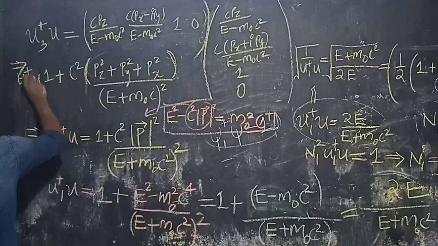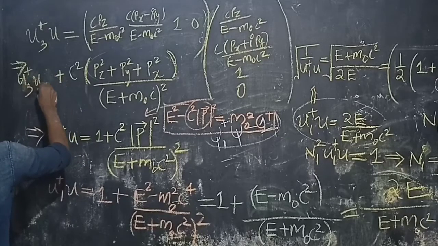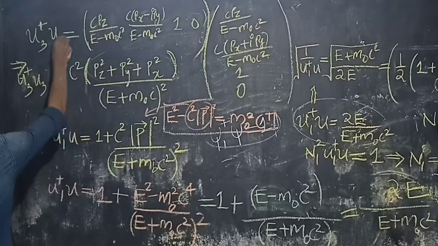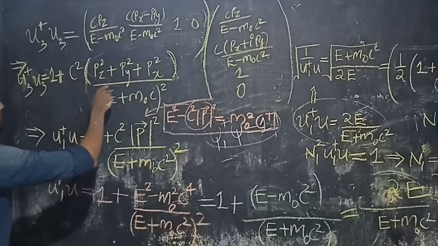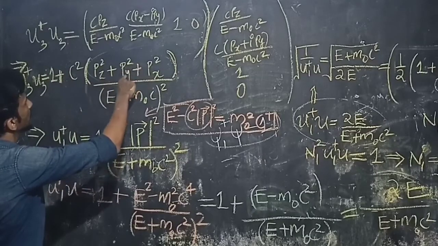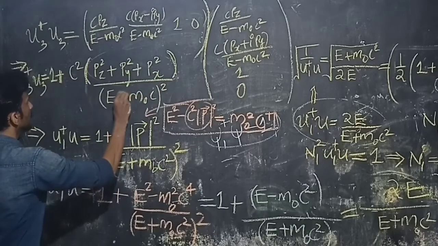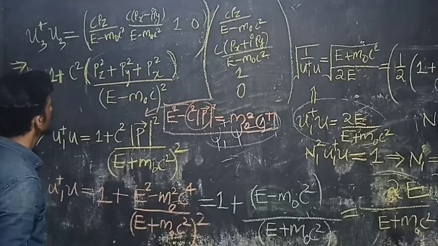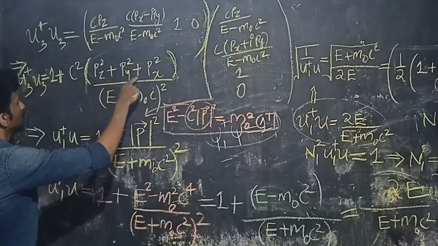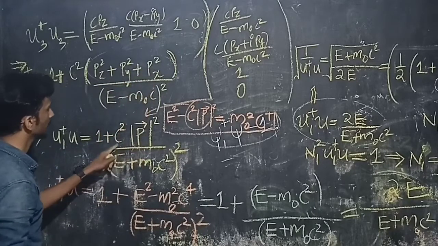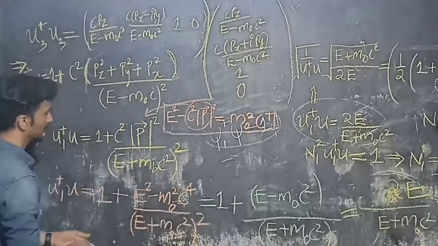On multiplying these matrices, you can see that u3 diagonal u3 is equal to 1 plus c square times pz square plus py square plus px square divided by E minus m naught c square, whole square. So we replace these px square, py square, plus pz square with E square minus m naught square c raised to 4.